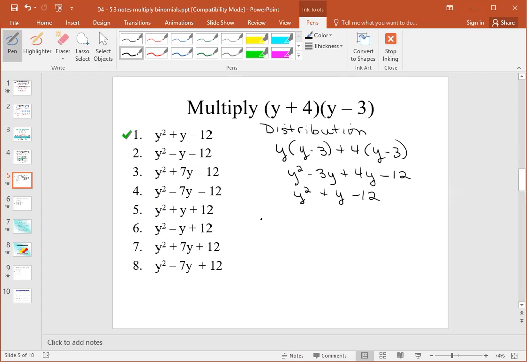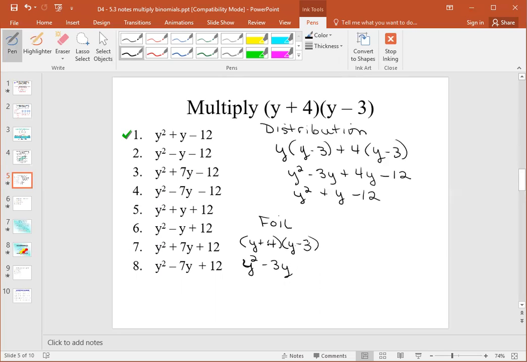Now, if I wanted to do FOIL, I'm just going to rewrite these. First, y times y, y squared. Outer, y times -3.